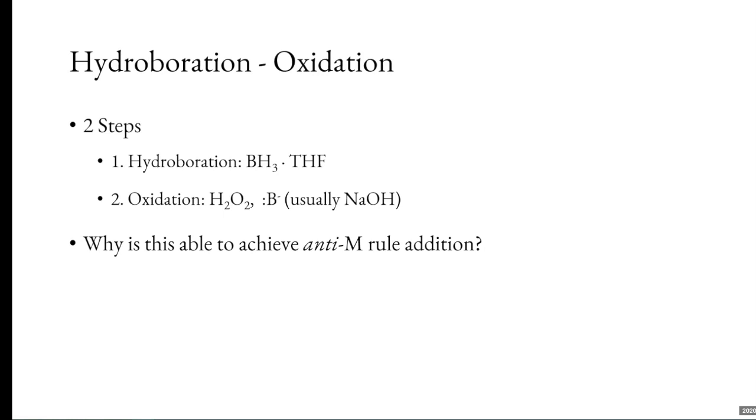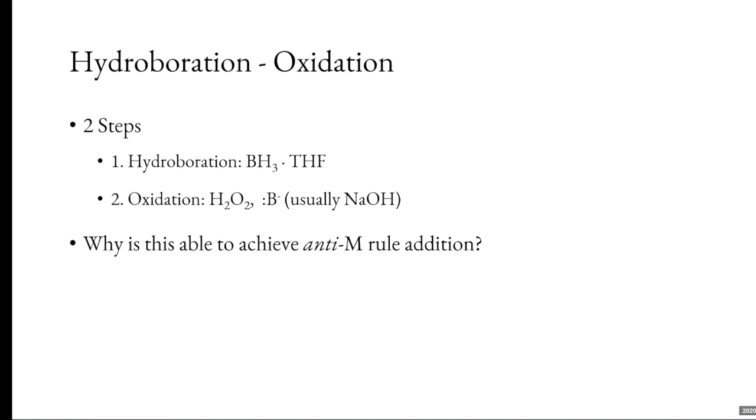So how exactly does this achieve the anti-Markovnikov addition? If we think about what Markovnikov's rule is about, when the double bond attacks this compound, the double bond will first form a bond with the electropositive or electrophilic part.